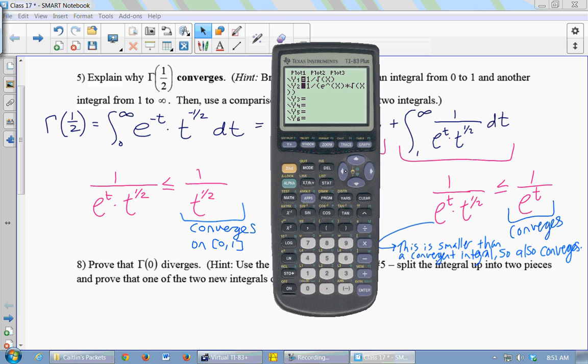This second one I'm going to bold so that I can know which one is which. I'm looking to see that the bold line is below the non-bold line. I have to choose a good window. For x, I want to see what happens on 0 to 1, so I'm going from -0.5 to 1.5. And for y, I know these things will always be positive, so maybe I'll go 0 to 3.